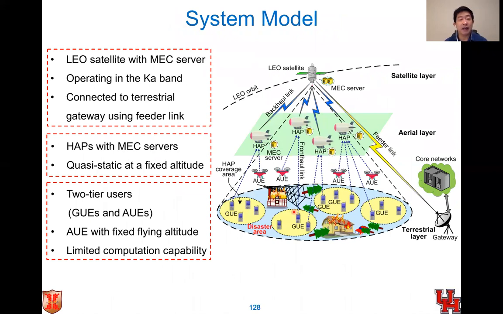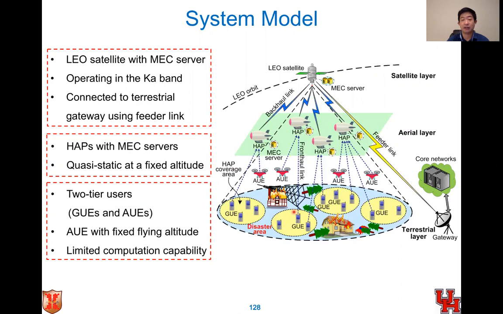The LEO satellite with an MEC server operates in Ka-band, connected to the terrestrial gateway, and the HAP with an MEC server is almost quasi-static at a fixed altitude. The satellite will move around. And they have two types of users with limited computation ability.